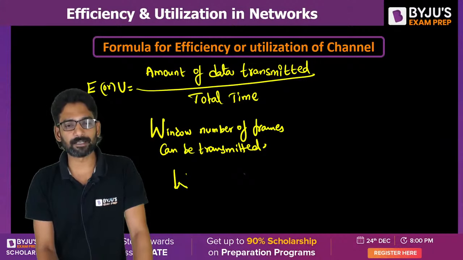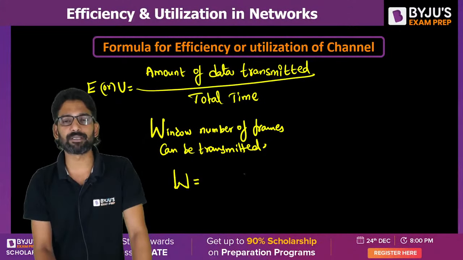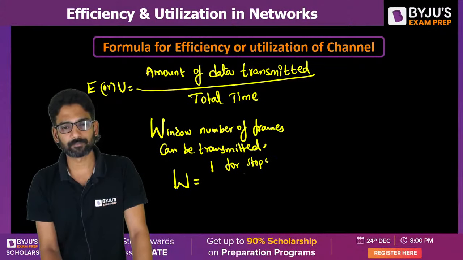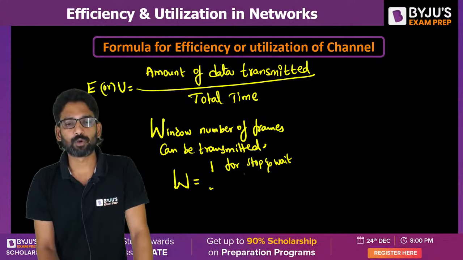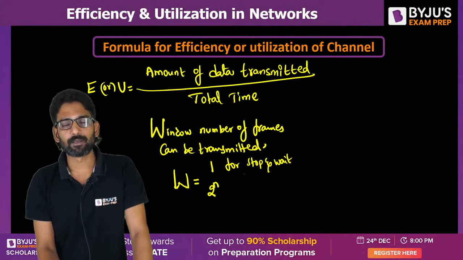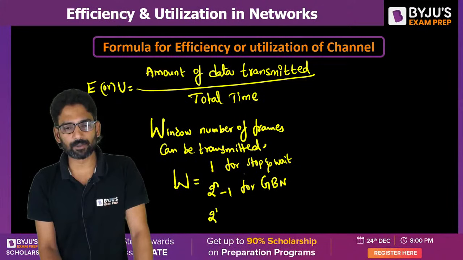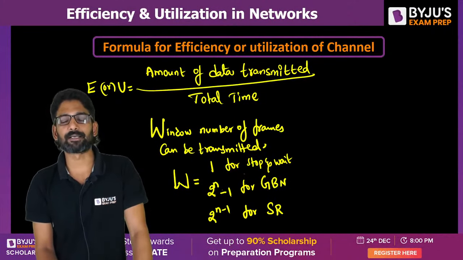This sender's window size W is equal to 1 for stop and wait, 2 raised to n minus 1 for go back n, 2 raised to n minus 1 for selective repeat or selective reject.